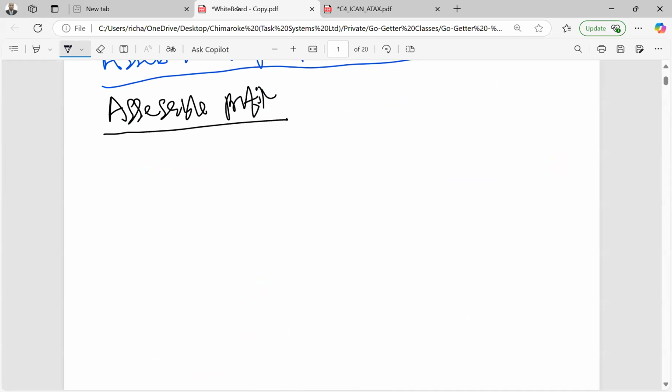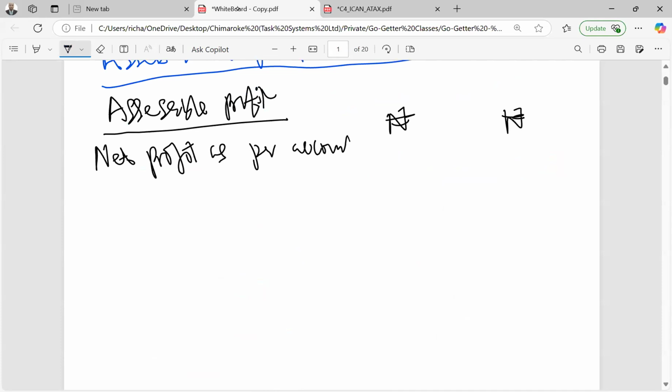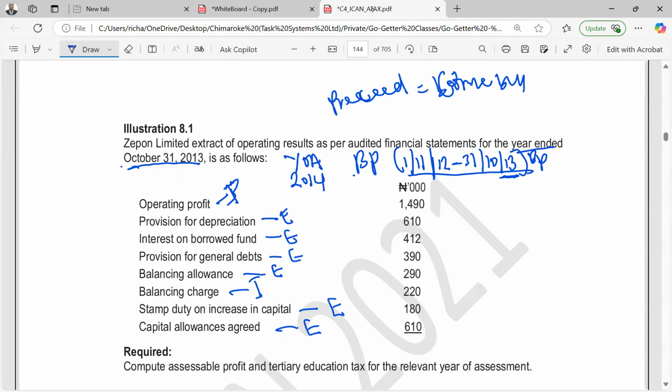We say net profit as per account. How much is that? We have 1,490,000.